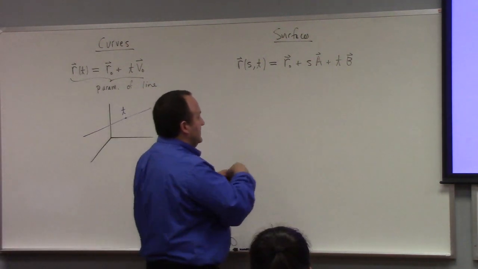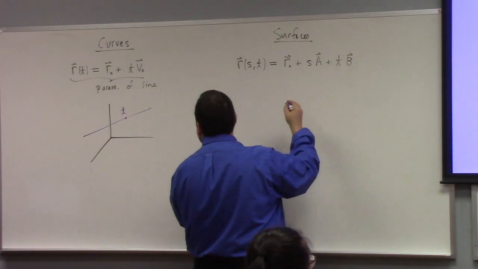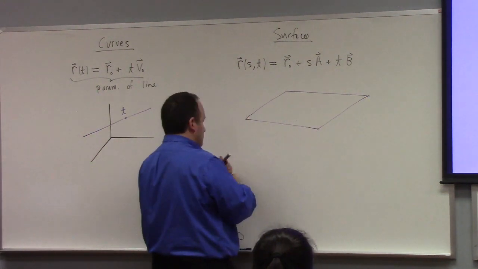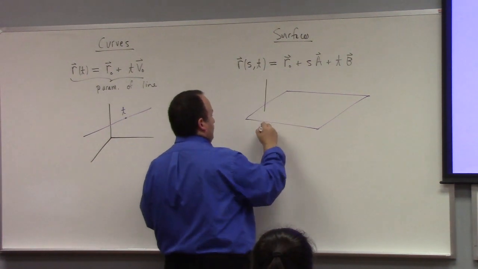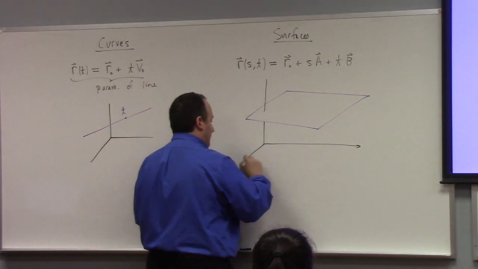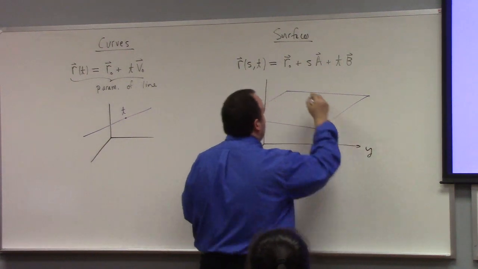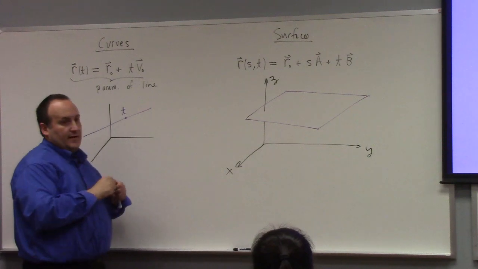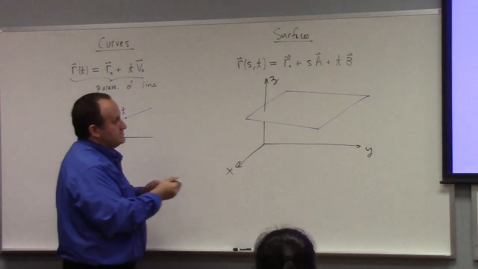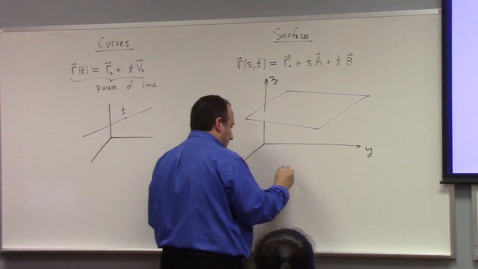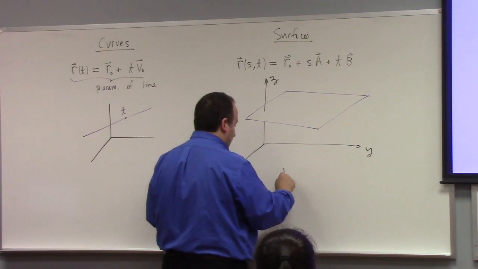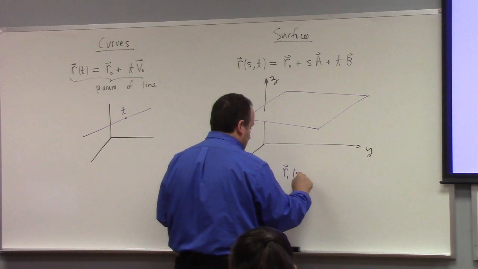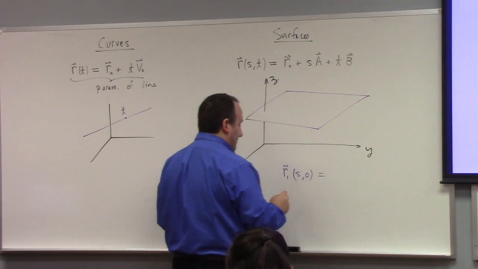A surface like this, we could draw a picture. Something like this, perhaps. And here's a picture of an abstract surface in 3 dimensions, if you will. And what's the deal? Well, if you look at, for example, let's say R1 of s comma 0, what's that equal to?